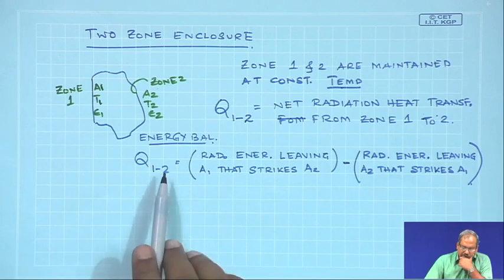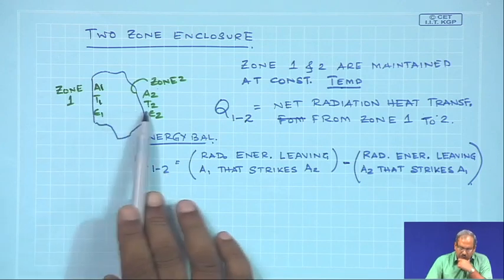This must be the amount of net radiation heat transfer from 1 to 2.